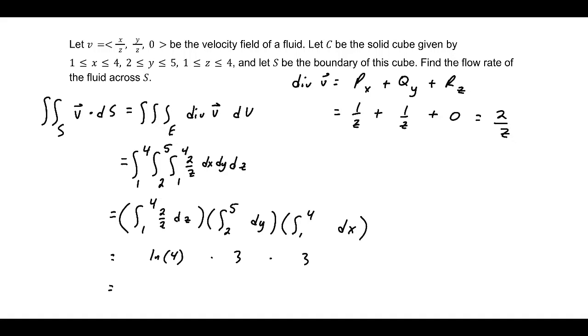The first is 2 ln of 4. So 18 ln of 4 is our flow rate.